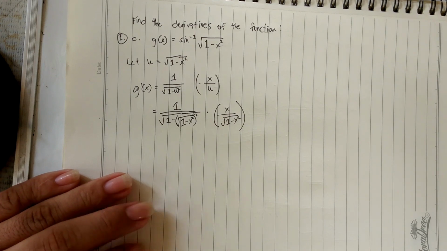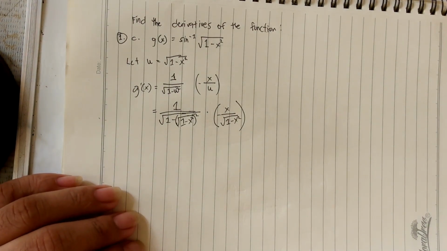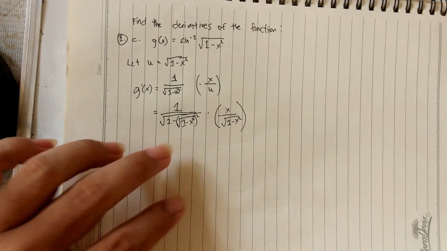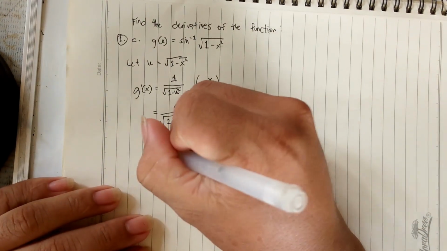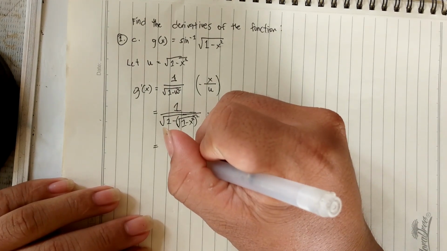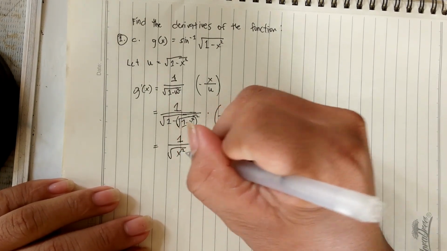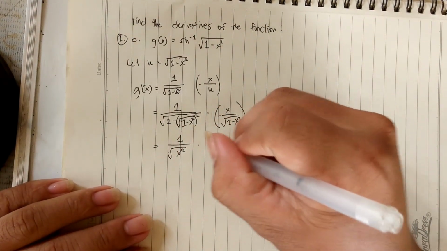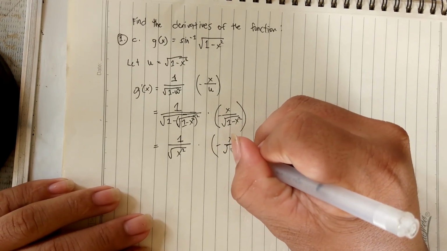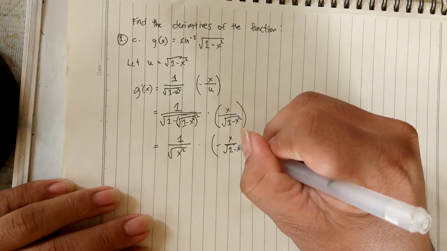So we will solve it. The next step is to simplify. So this becomes 1 over x squared times negative x over square root of 1 minus x squared.